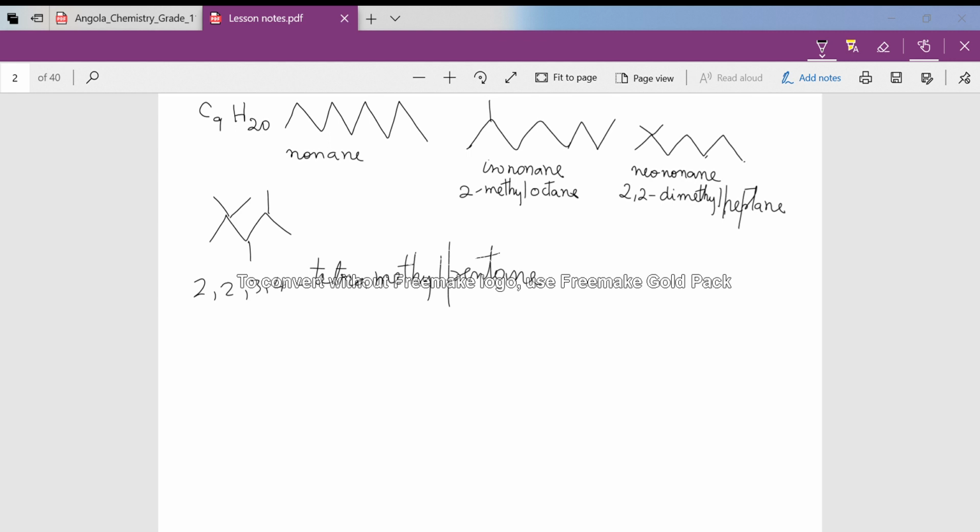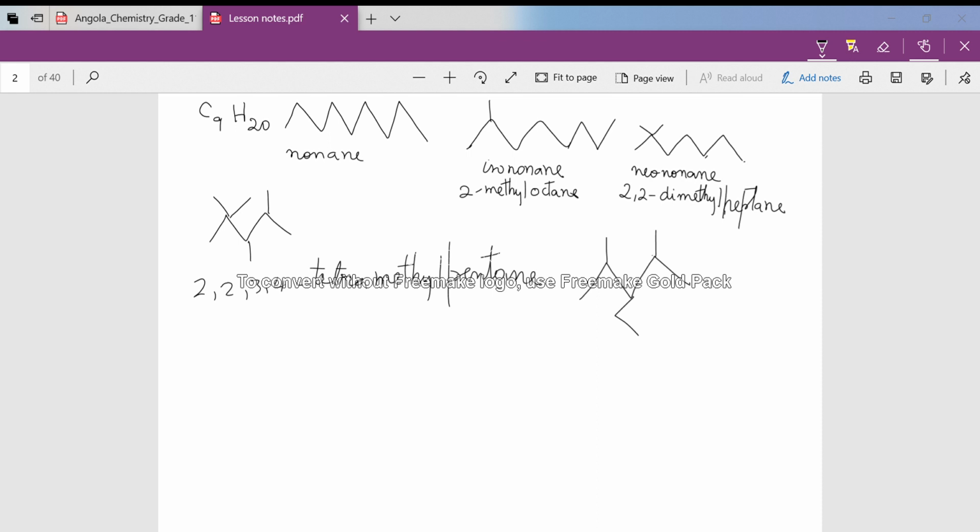So as you can see, we can have many different isomers. We could have 1, 2, 3, 4, 5, 6, 7, 8, 9, for example. So this is also an isomer of nonane because we have 9 carbons here.